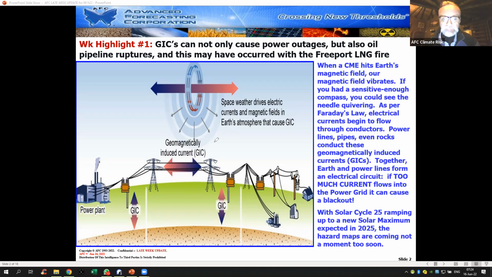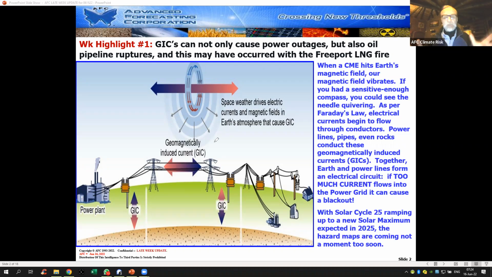And space weather drives electric currents and magnetic fields in Earth's atmosphere that then cause these currents to flux. And obviously the transformers that supply our electricity, you guys know this better than me, will have spikes. And if the systems are weak, then we have too much current flowing into the power grid, and it can cause a blackout, especially with too much demand.